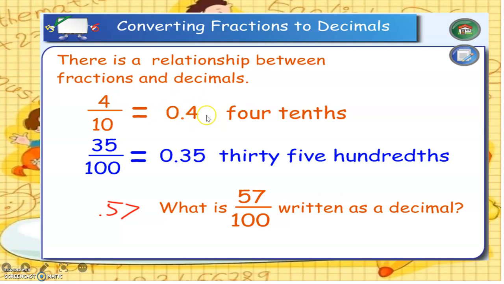It has 1 decimal place. For 35/100, when we say 100, it has 2 decimal places, so that's 0.35. 35 hundredths. So what is 57/100 written as a decimal? That is 0.57 because it has 100.